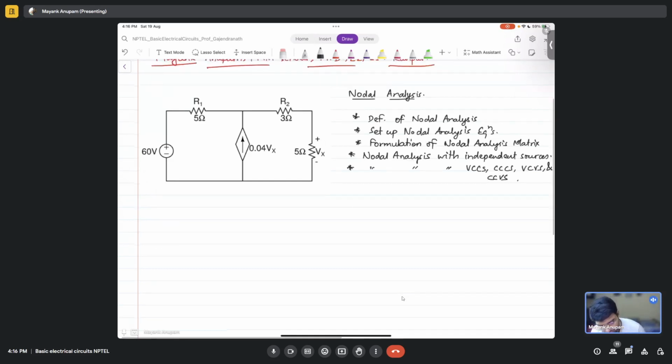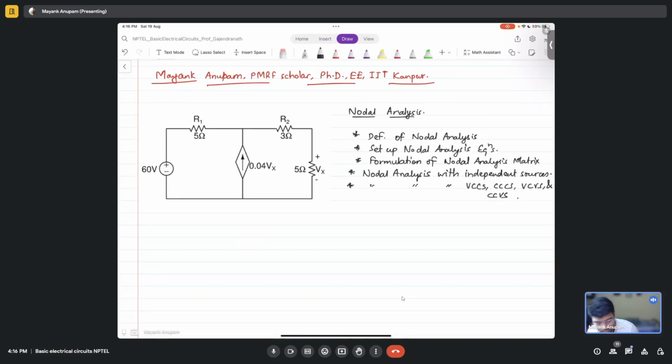So tell me how do I proceed to write the nodal equations in this circuit? Some of you please volunteer. What should I do first?